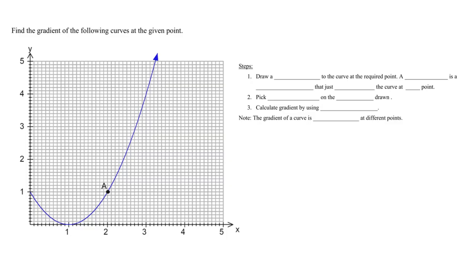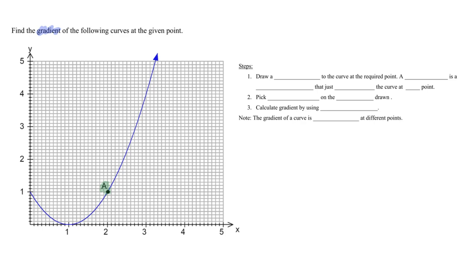Hello everyone. To illustrate the previous discussion on how we find the gradient of a curve at any given point, this is the example. We are given point A, which I'm going to highlight in green. That's the point. And what is the gradient at this particular point?